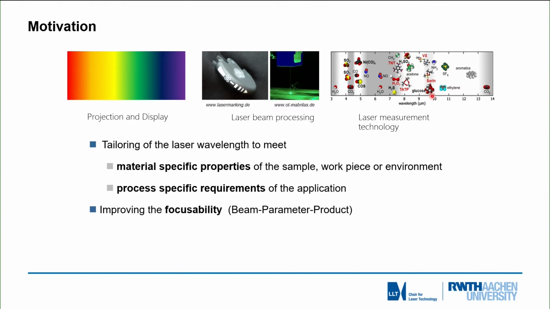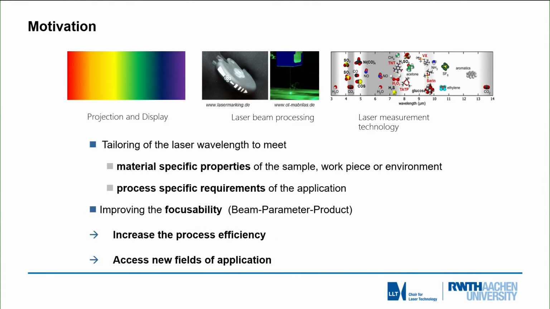If we talk about scattering, Raman scattering, coherent Raman scattering for analysis, for instance, then we want to have very specific wavelengths for the resonance in these molecules. To sum that up, basically we need the wavelengths for the increase in process efficiency or to access very new fields of applications in photonics.